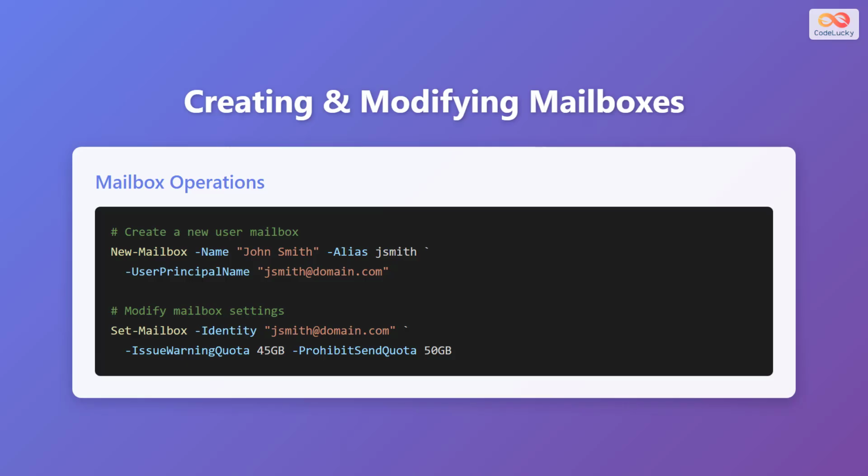To modify existing mailbox settings, use the Set-Mailbox command. For example, you can configure mailbox quotas using the IssueWarningQuota parameter to set when users receive warnings, and the ProhibitSendQuota parameter to define when sending is blocked. In this example, the warning quota is set to 45 GB, and the ProhibitSendQuota is set to 50 GB.